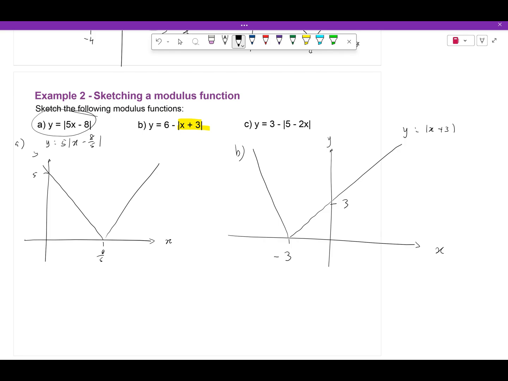如果我们放一个 negative, you know what, should be like that. 如果我放一个 negative, that means I'm turning my entire graph, 就是这一个部分啦, entire graph upside down. So that results into this.